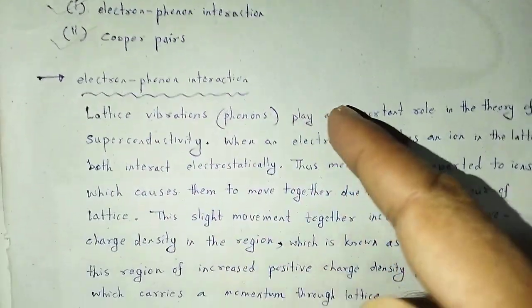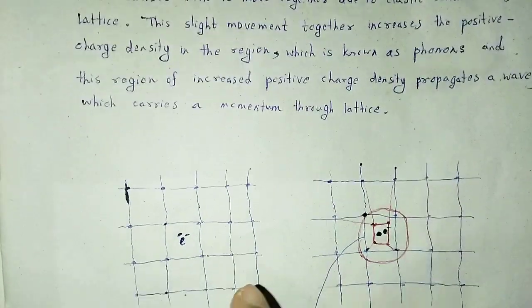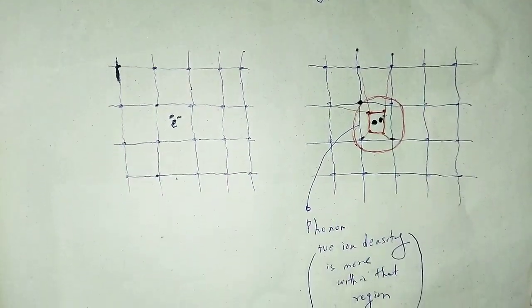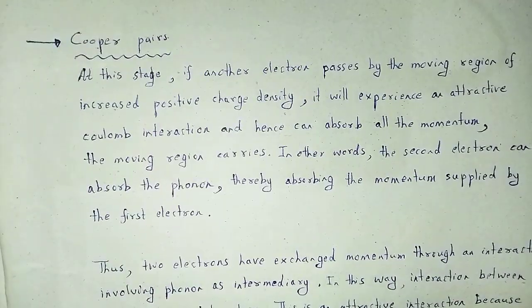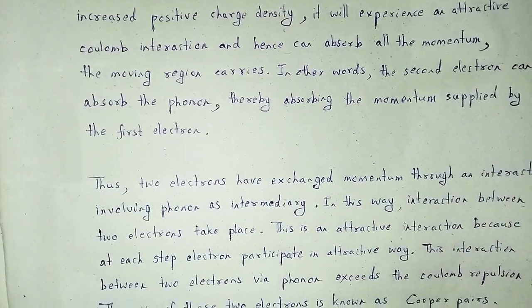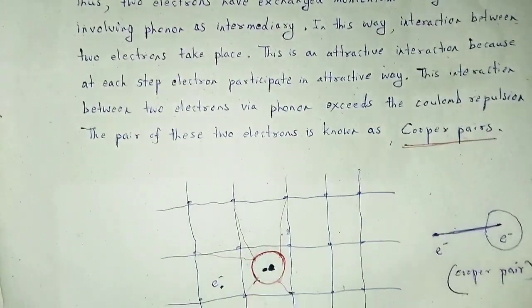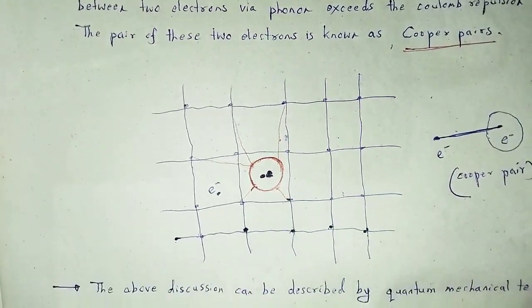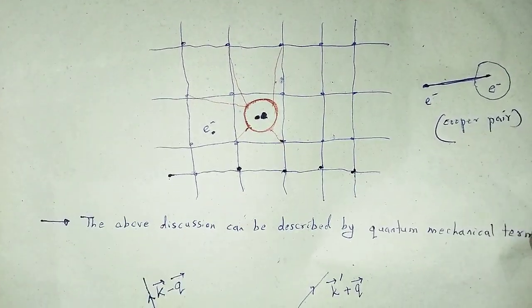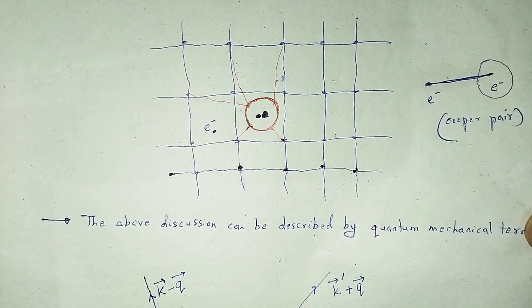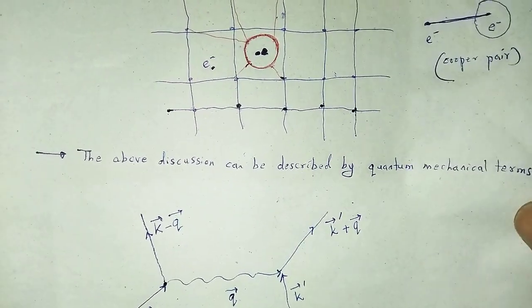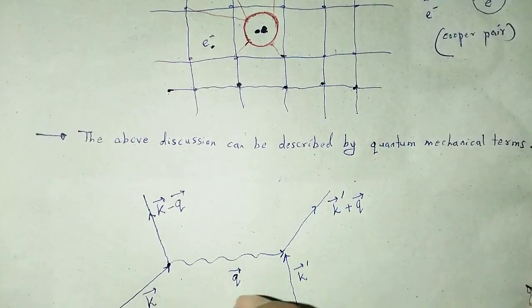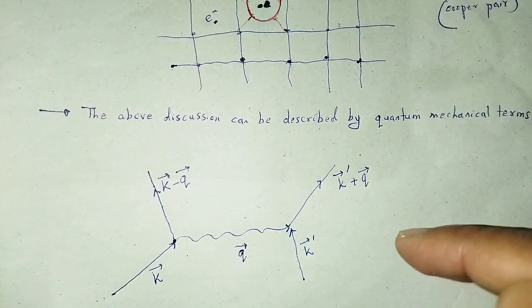What was electron-phonon interaction? We show it by diagrams. And what were Cooper pairs? We explain them through diagrams. And all the processes like electron-phonon interaction and Cooper pairs we show in a quantum mechanical way.